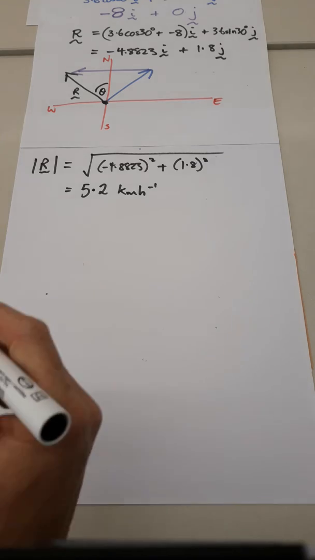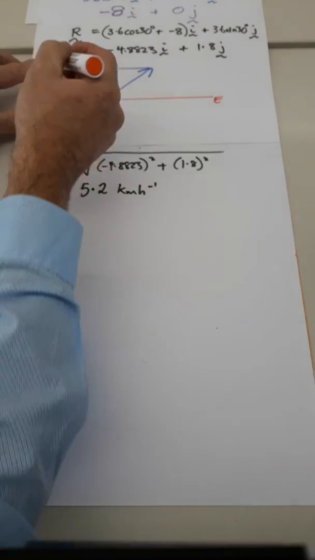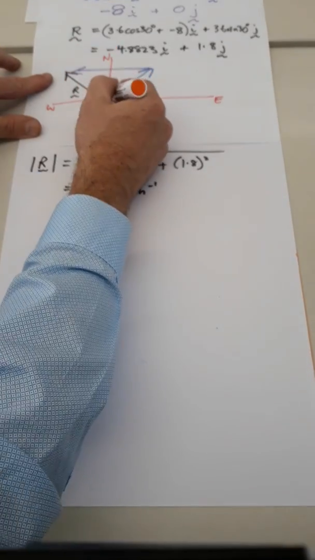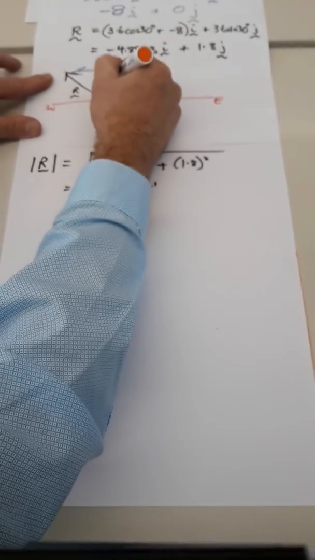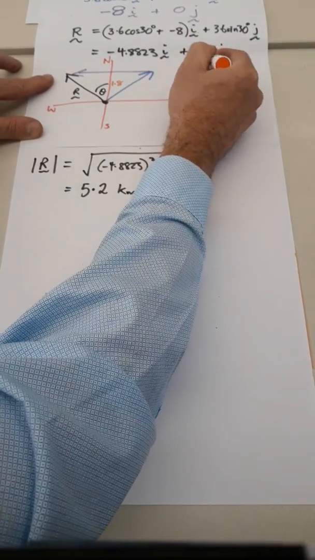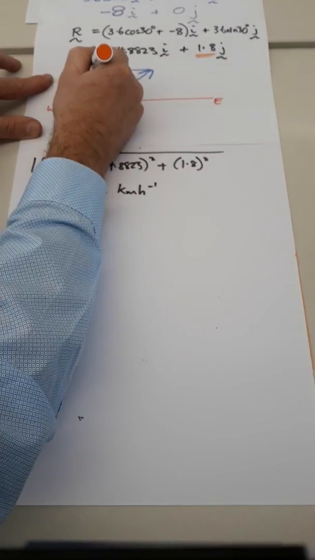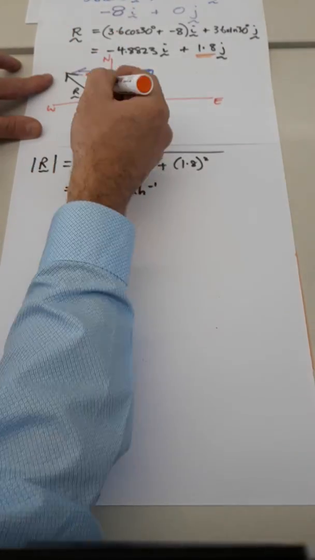Well, we know that going out that way, you would be going up 1.8 because that's the y component of it, and you'd be going across 4.8823.